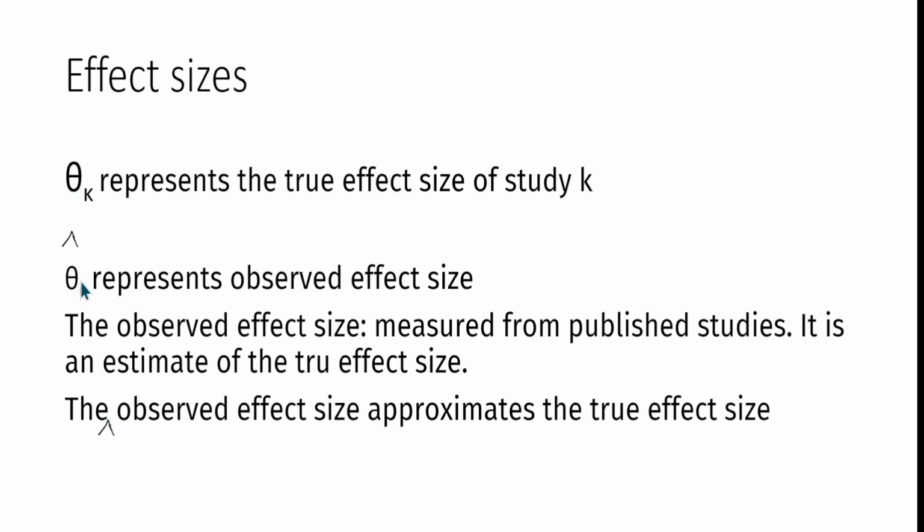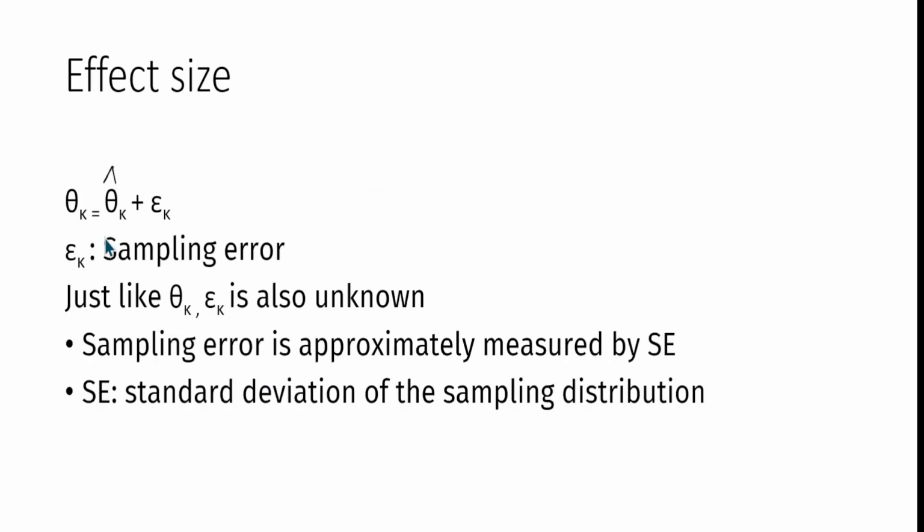And how close does this have to be? It's based on some kind of error, and that is called sampling error. The observed effect size approximates the true effect size, theta k, and theta hat k is what you measure from your studies, and then there is some kind of sampling error.